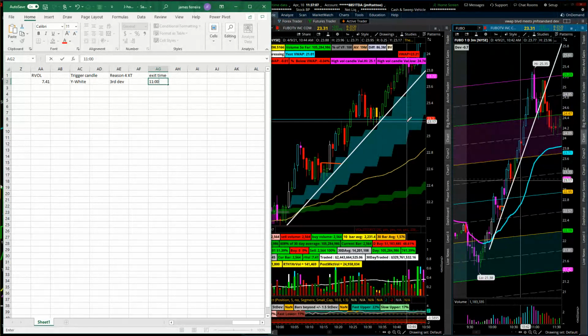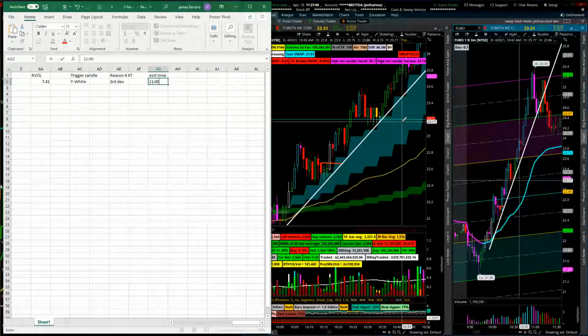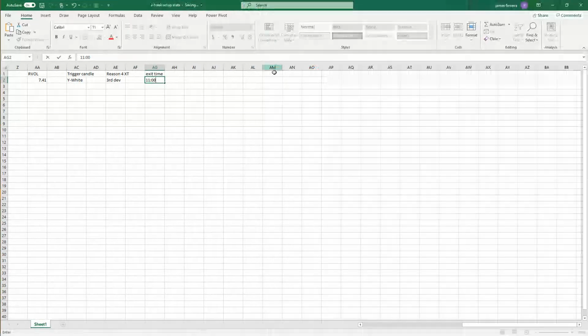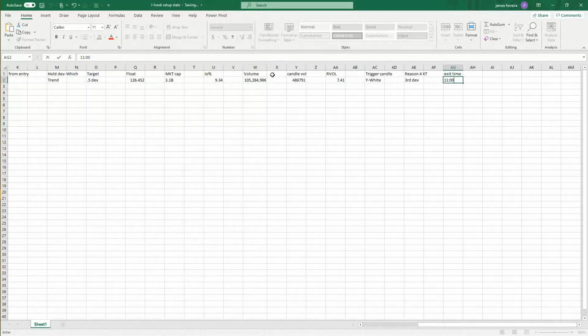So what's next? Let's see what we've got so far. We've got reason for exit, trigger candle, exit time, RVol, candle volume, institutional owner, market cap. Oh, okay, here we go. We've got float, right?